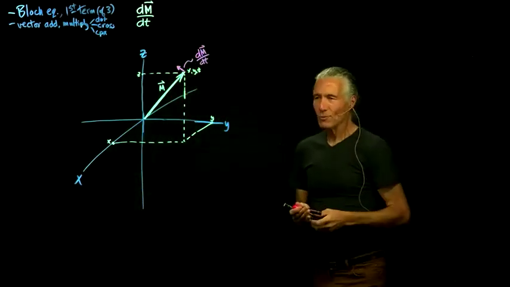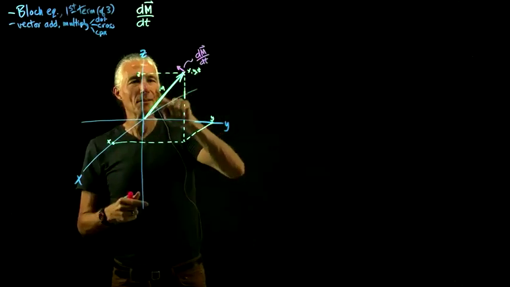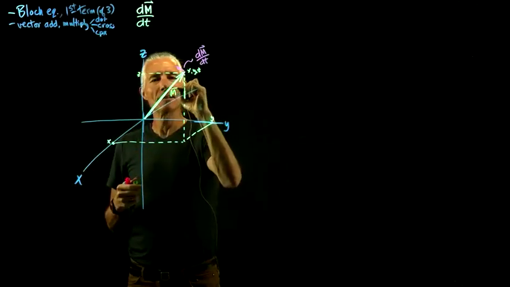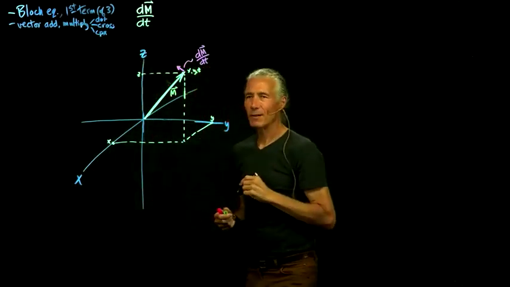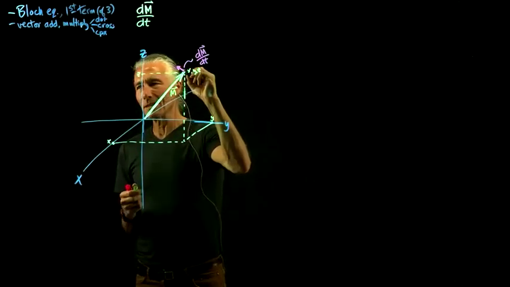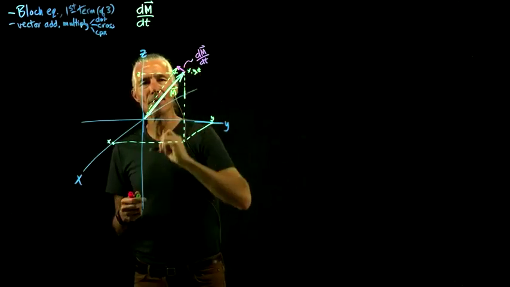And what's that useful for? That's useful for telling us where the m vector is going to go next. There's the m vector at one time point, and now we've got the vector that's the change in the m vector, and then that tells us where the m vector is going to go in the next time point.